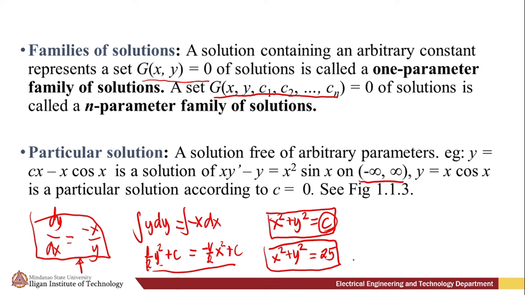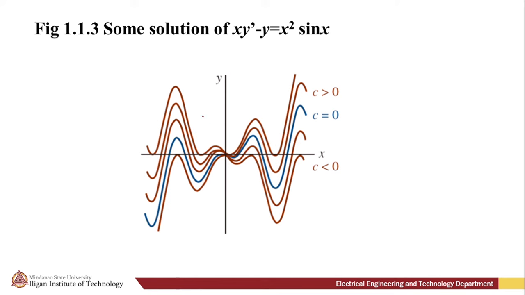If we compare the families of solutions and a particular solution in a graph, we have this one. For example, we have xy prime minus y equals x squared plus sine x as a differential equation. If you solve it and graph it, you'll get these families of solutions, varying with the value of our arbitrary constant. This whole graph here is the families of solutions.